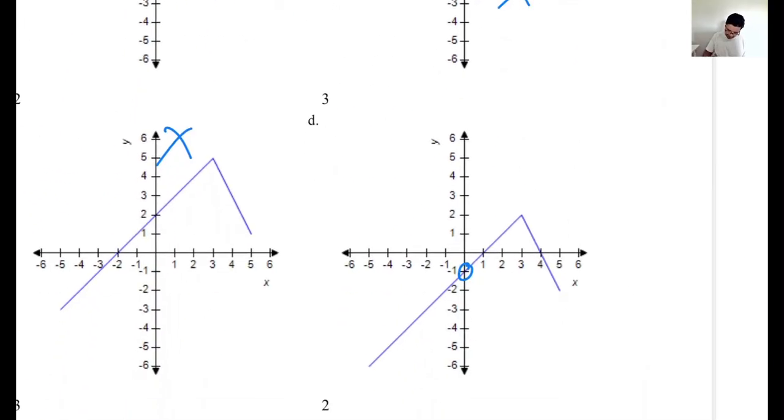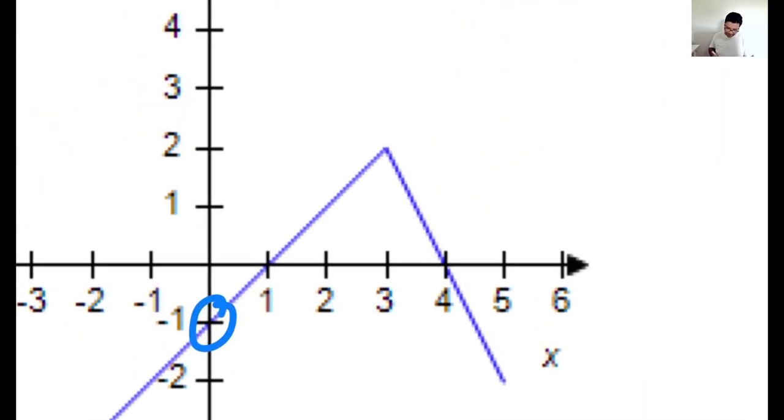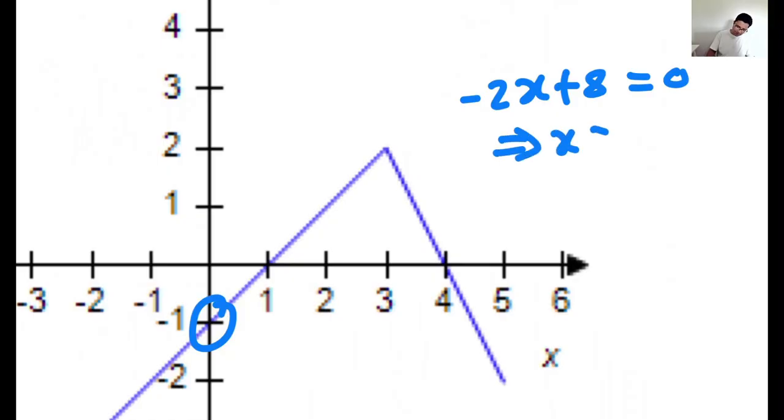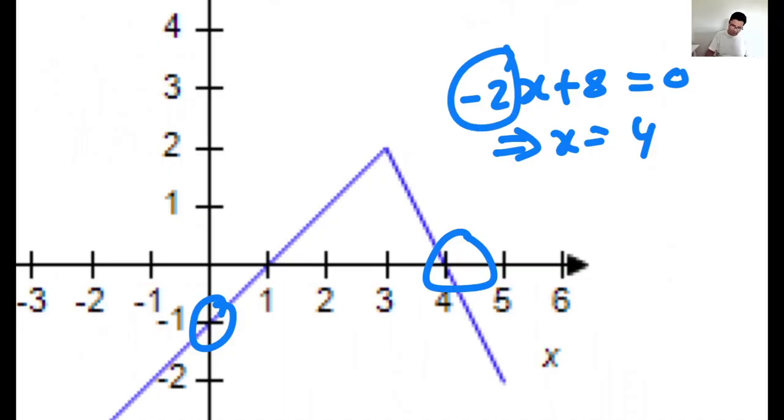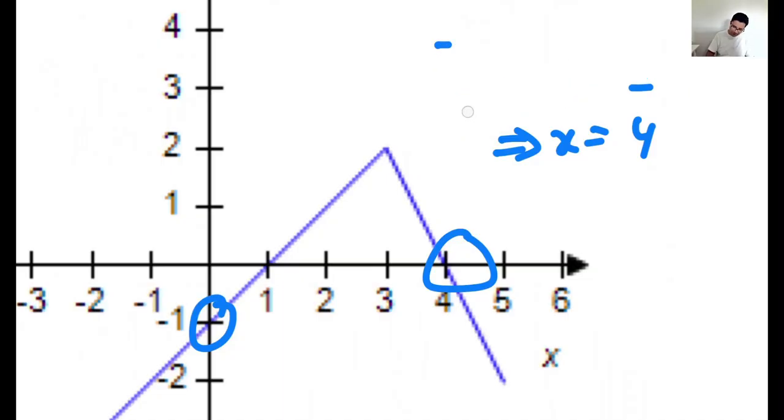the formula is negative 2x plus 8. Now, where do you see negative 2x plus 8? Here. Negative 2x plus 8. Think of that. If you set it equal to 0 and solve, you will get x equals 4. So that is your x-intercept. Or if you think about it, its slope is negative 2.